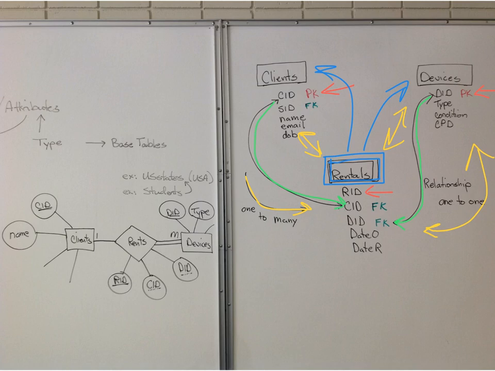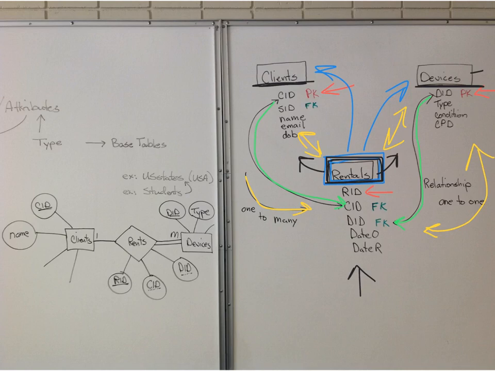We're over halfway, believe it or not. Here is the same example, and I'm going to actually use black. We have the clients, the devices, and then the weak entity rentals, because it's dependent upon these two base tables. And if you just look at the reference between devices and rentals, it's 1 to 1.